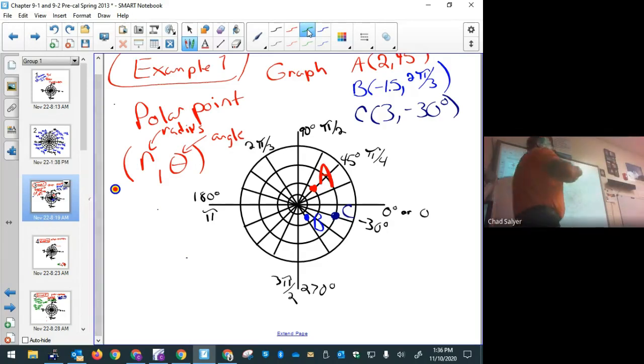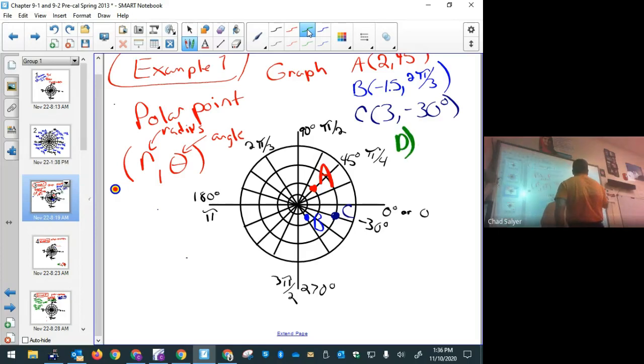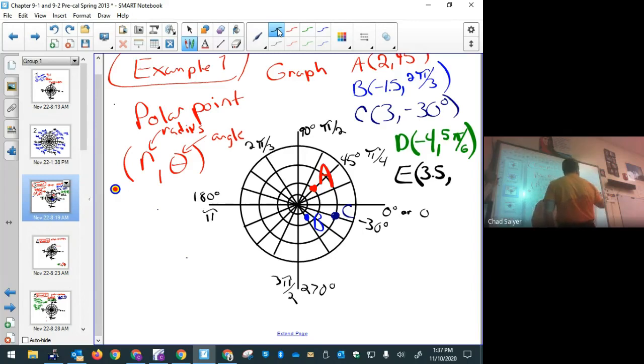So I'm going to create 3 more points. I want you guys to try to plot those. So let's do D, and we'll make it (-4, 5π/6). We'll do E, and it'll be (3.5, -π).